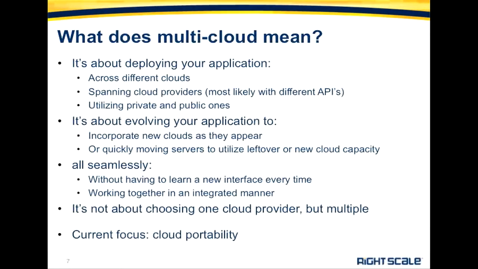Maybe some of them are public, some of them are private. On top of that, it means being able to evolve your application by adding more clouds as they become available, or as you see fit, because they provide particular features you're interested in, and basically managing all of this in a very seamless, integrated manner. That's the holy grail.